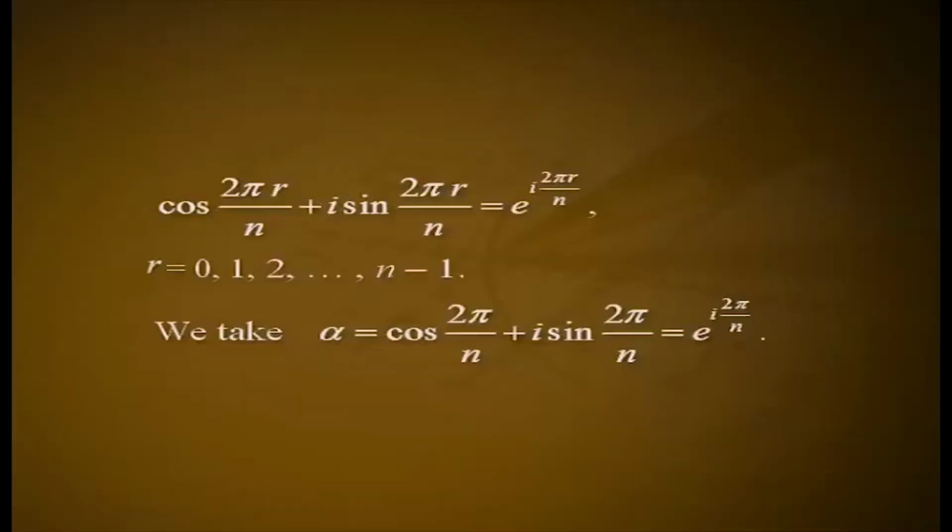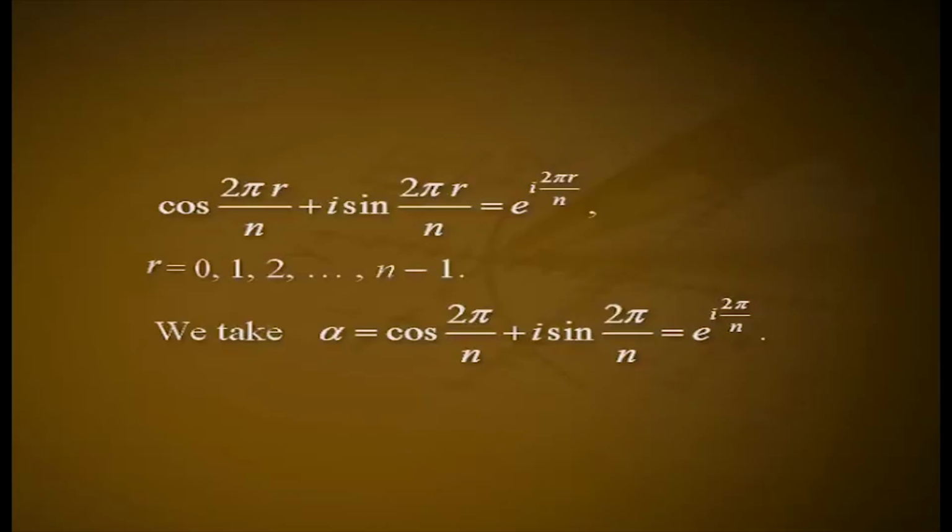Example 6. Let n be a positive integer and let Un be the multiplicative group of the nth roots of unity in C. Then Un consists of the numbers given by cos 2πr/n + i sin 2πr/n = e^(i2πr/n), r = 0, 1, 2, ..., n−1.